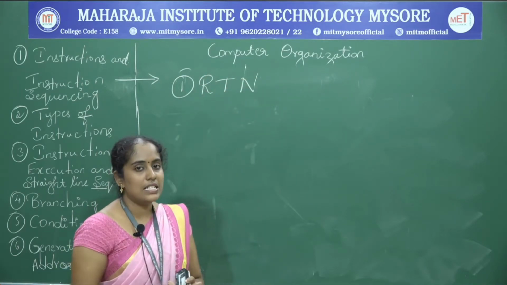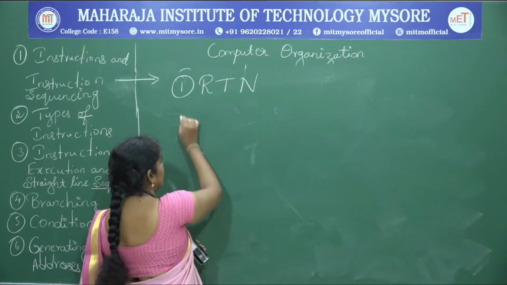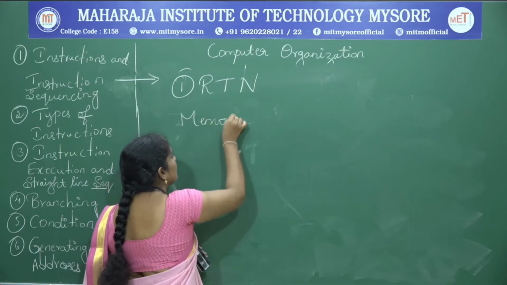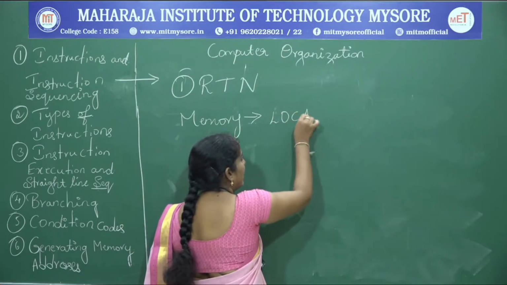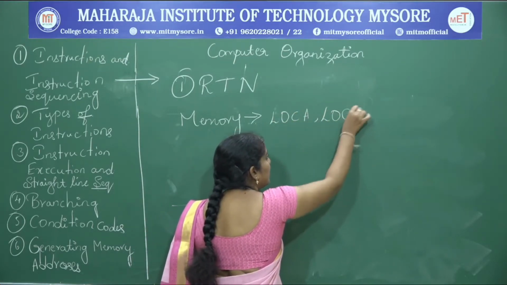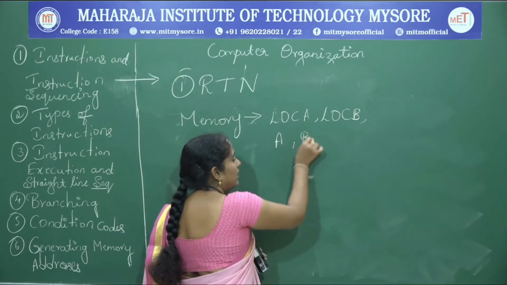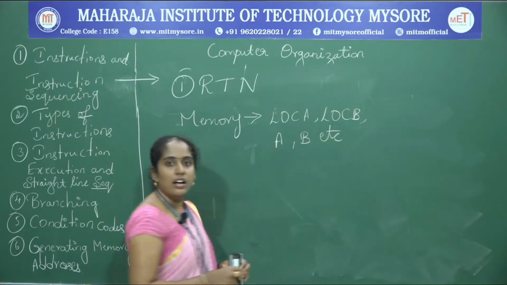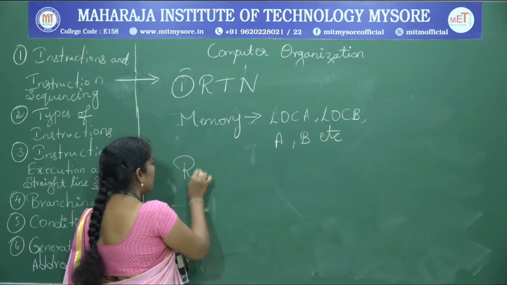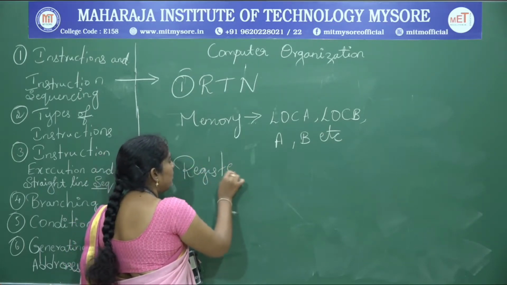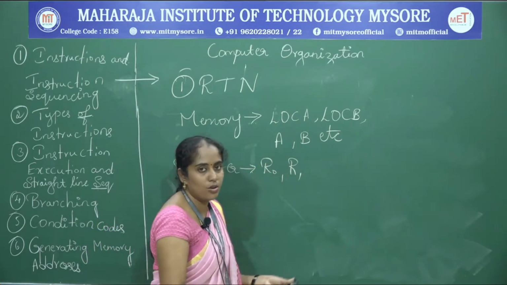In this, the memory location name will be represented by capital letters, like LOC A, LOC B, LOC C and so on, or else A, B, etc. Next, the processor registers will be represented as R0, R1, R2 and so on.